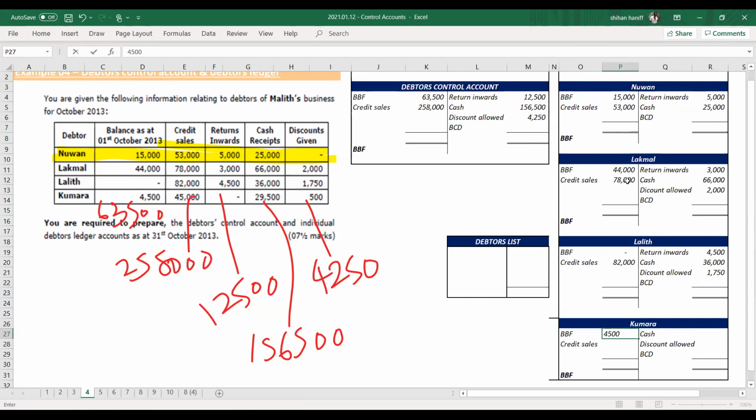Kumara 4,500, 45,000, $29,500 cash, discount 500.